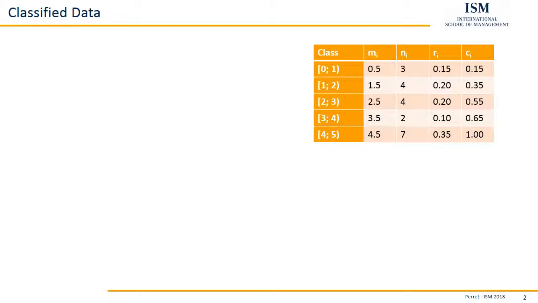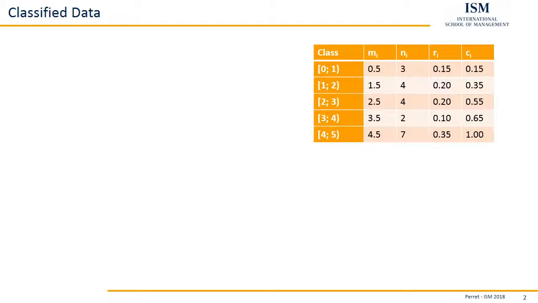Here we see on the left our different classes. The classes always have a specific interval. We calculate first the MIs, our class centers, so the value in the middle of the class. Then we have NI, the observations, how many observations per class, so NI in this case is absolute frequencies.